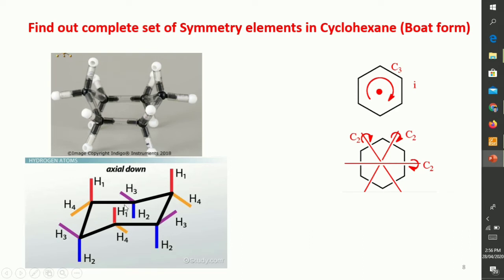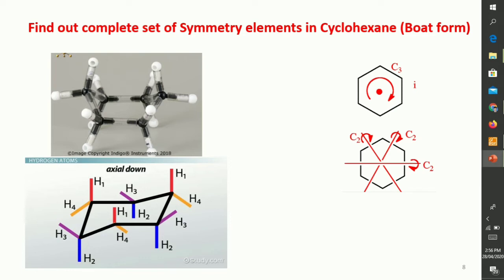You need to rotate it clockwise. If you rotate this molecule clockwise, C3 rotation, then this molecule will be over there, and this is an indistinguishable shape. So you need to give C3 two times. This is also an indistinguishable shape.